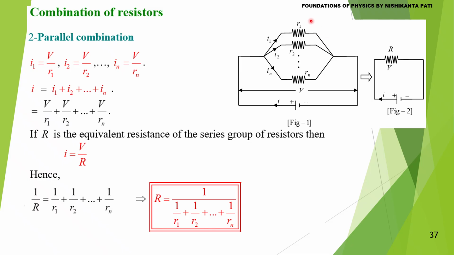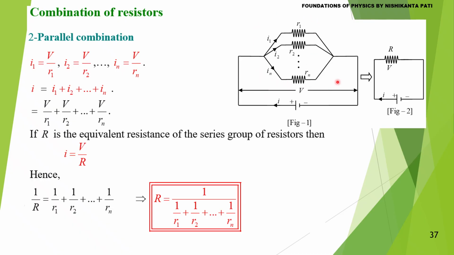Consider n number of resistors of resistances R1, R2, up to Rn connected in parallel, and the parallel group of resistors is connected across a battery that provides a potential difference of V. Here the potential difference across each resistor is the same and is V. Let I1 be the current through the first resistor, I2 the current through the second resistor, and so on. So I1 is V by R1, I2 is V by R2.